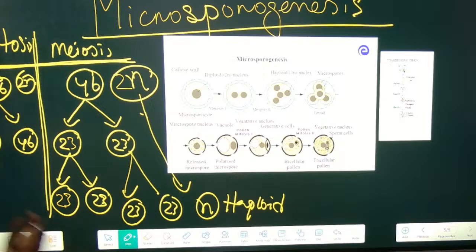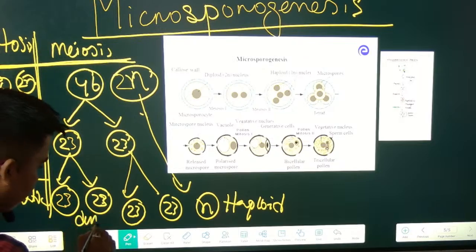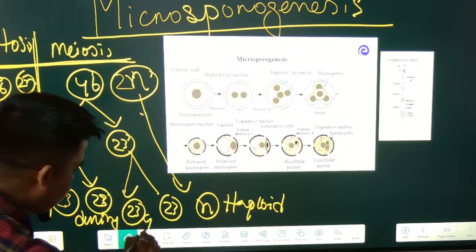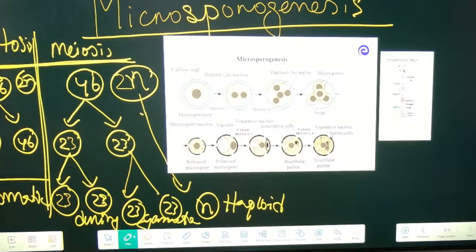So mitosis occurs in all the cells except the gametes, in plants as well as animals where sexual reproduction occurs. It occurs in somatic cells, while meiosis occurs during gamete formation. Meiosis is very crucial for gamete formation.